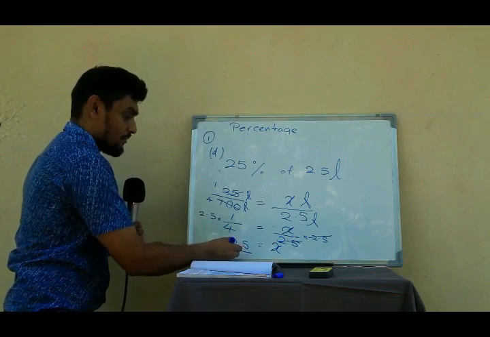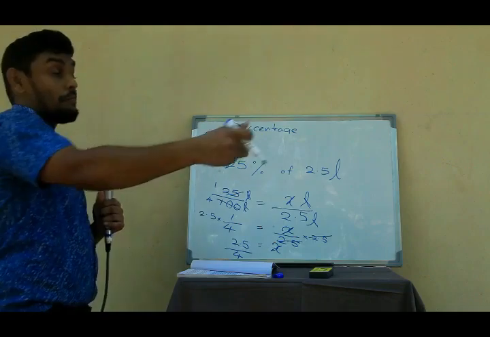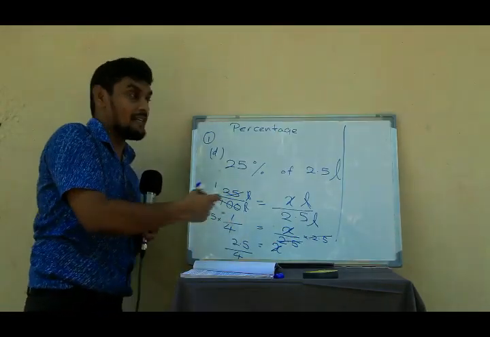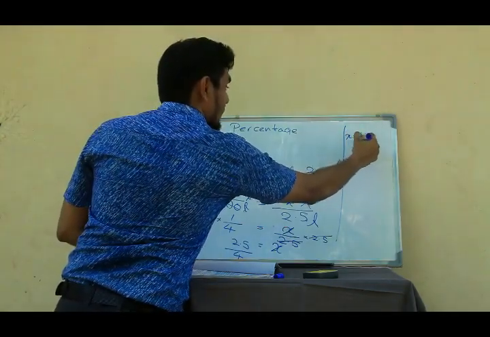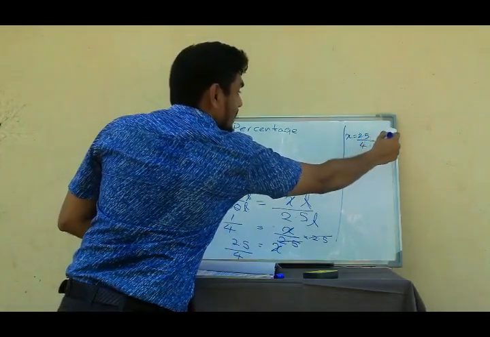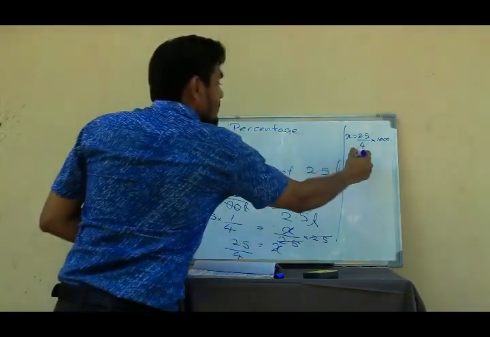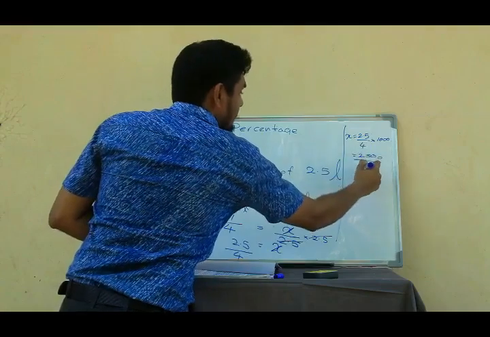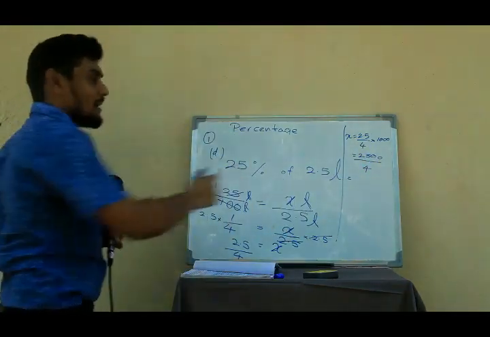2.5 divided by 4. So that is somewhat difficult, no? So you can convert this one as milliliters. So x equals 2.5 divided by 4. Yes, multiply by 1000. Why? To convert to milliliters. So the answer is 2500 divided by 4. So you can find the answer for x.